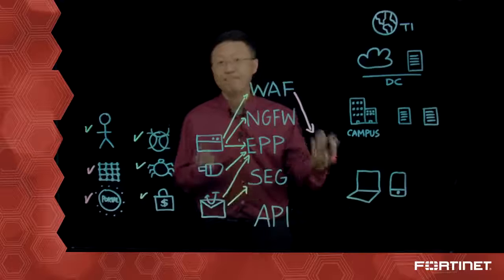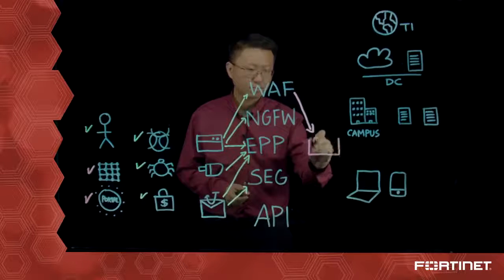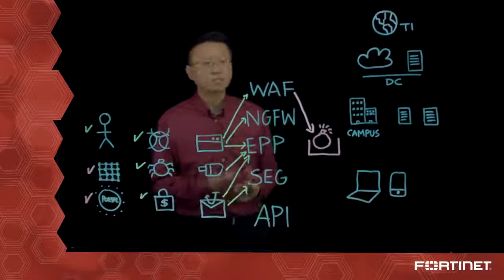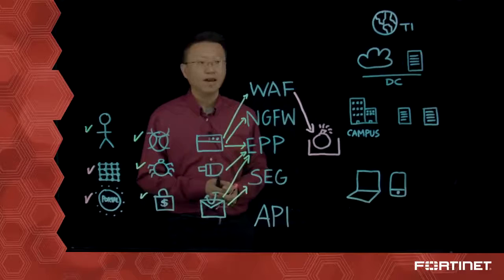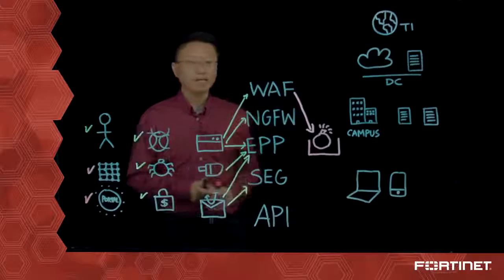So you can deploy advanced threat protection technologies like Sandbox. Now the role of Sandbox is really to help detect and understand the characteristics of the object and then determine if that is malicious.